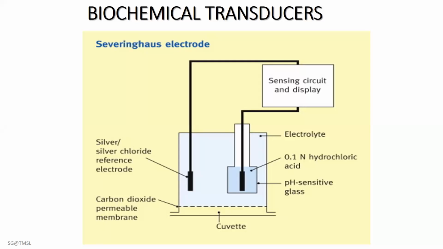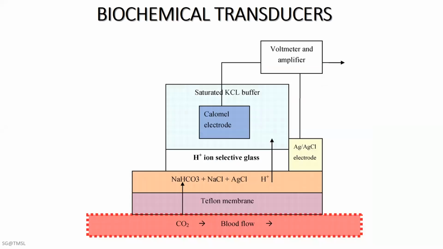This is a modern type of PCO2 electrode, called the Severinghaus electrode, and here the permeable membrane, which is permeable to CO2, is made of Teflon, which is not permeable to other ions that might affect the pH.